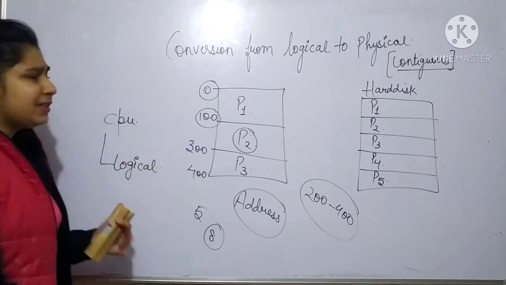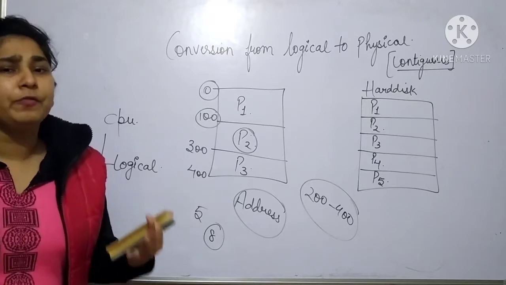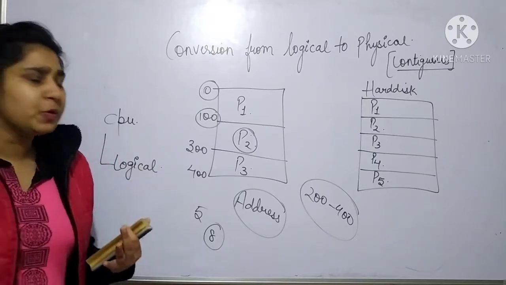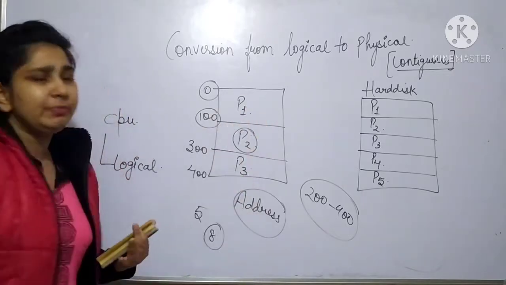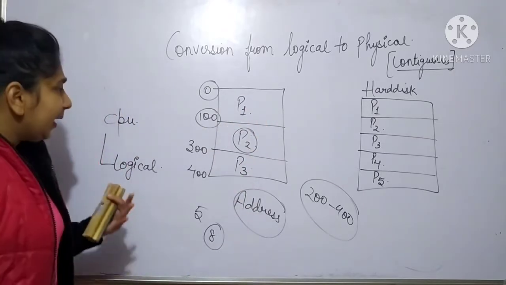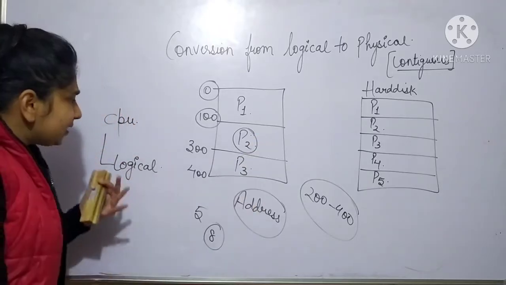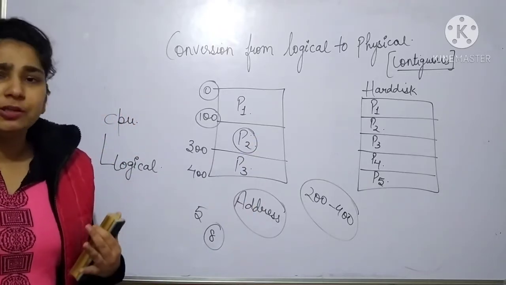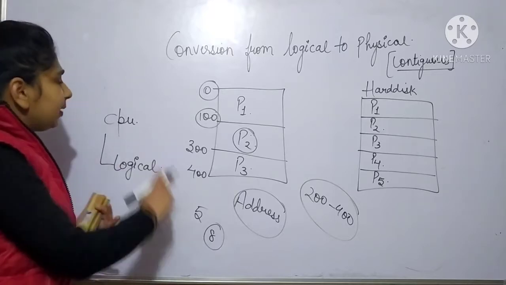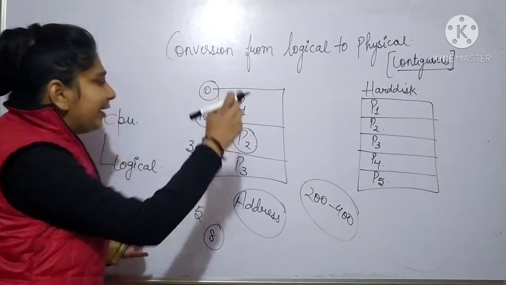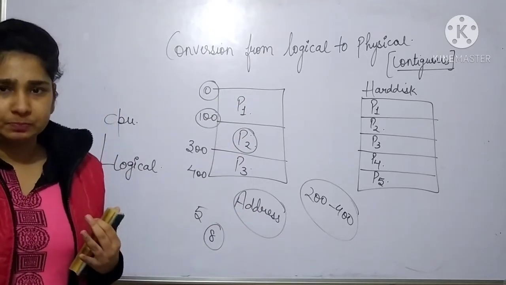But your CPU doesn't take care of it. Your CPU never cares where your process is stored in the main memory. If the CPU is executing process P2, it is going to give you just the instruction number. Your CPU says, I now need instruction number 5 of process P2.